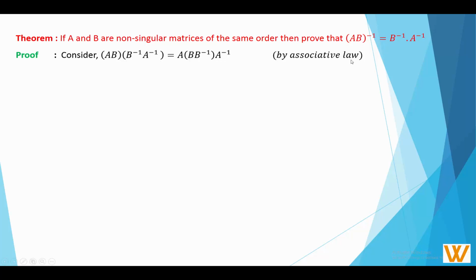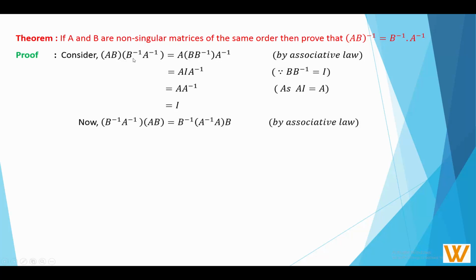Now B into B inverse is I, so A into I into A inverse. I is 1 in matrix, so A into A inverse only, because A into I is A. Now A into A inverse is I by the definition of inverse, and therefore AB into B inverse A inverse is I.